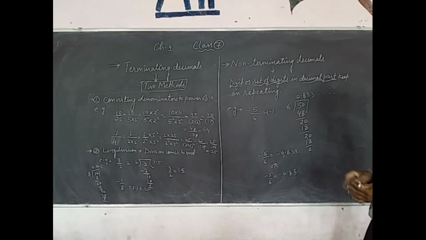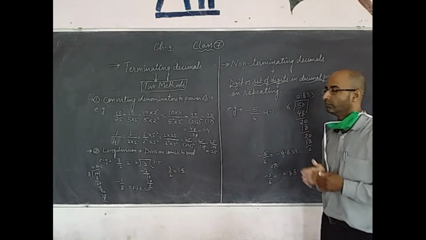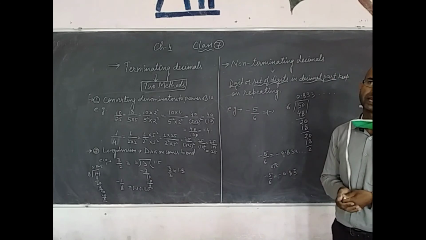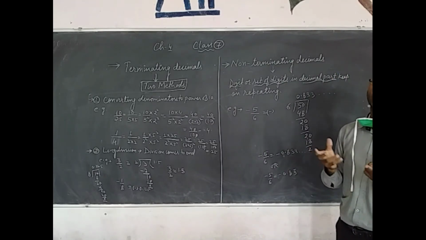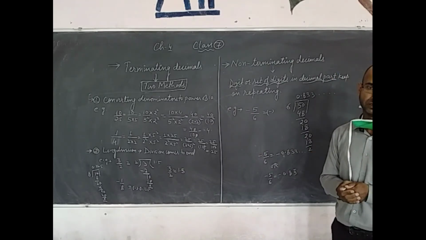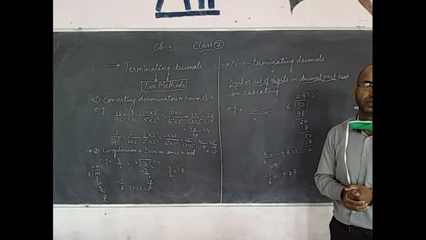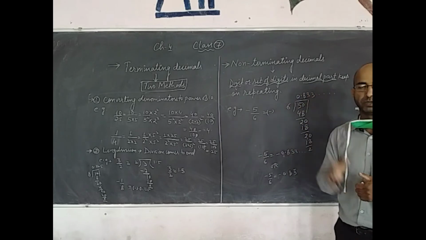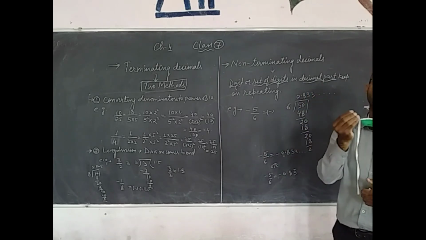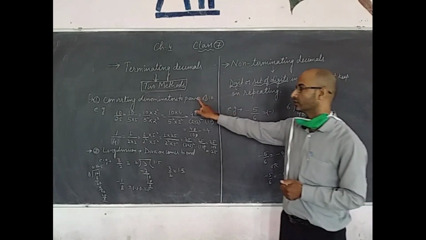Okay. Now, while discussing both methods, sometimes a question can ask how you can check, without doing long division, whether the given rational number is terminating or non-terminating. It is very simple. You have to just follow this.